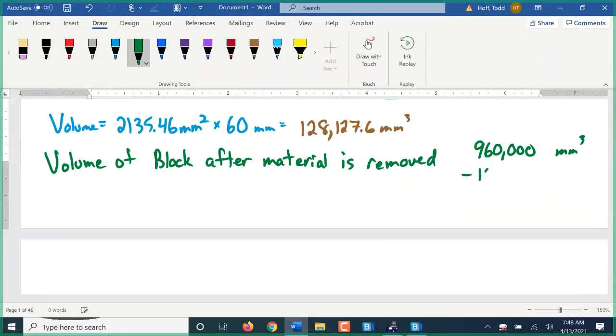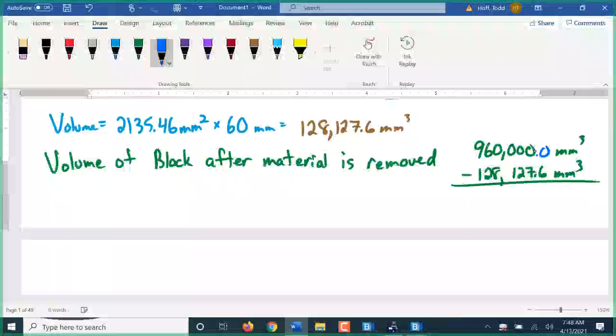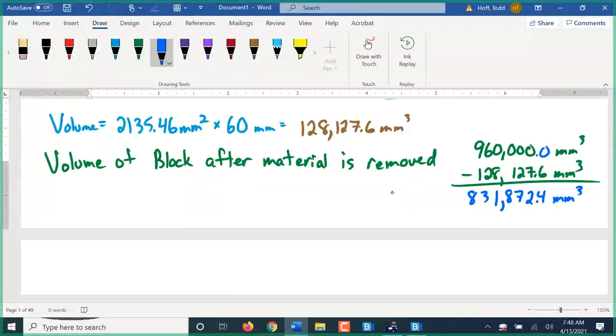Now we're going to subtract the 128,127.6 millimeters cubed for that groove that was machined out. 831,872.4 millimeters cubed is the final volume of that.